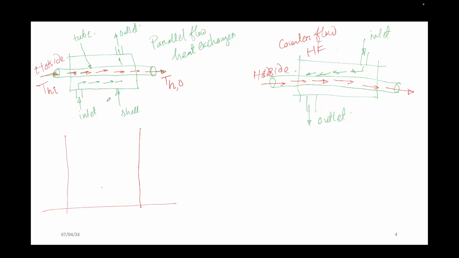So this is hot inlet, hot outlet. Can you tell me the temperature of which one will be more, hot inlet or hot outlet? So what will happen to the outlet? Its temperature will decrease. So if it starts from here, the curve should be in a decreasing fashion.